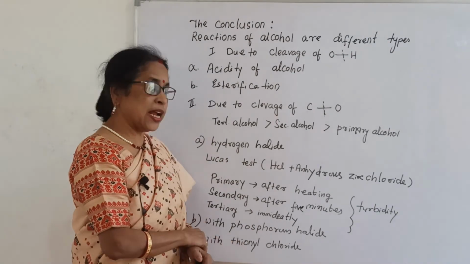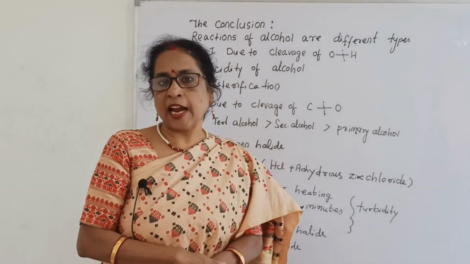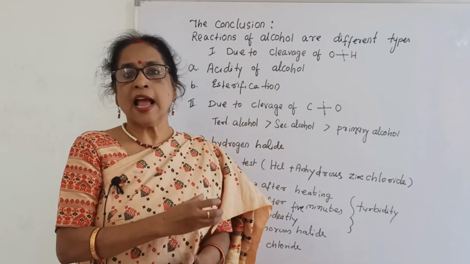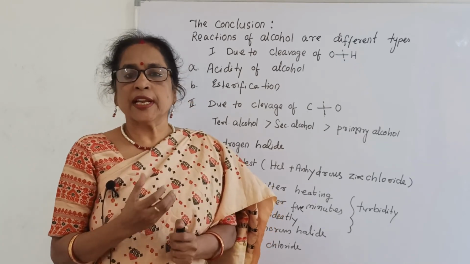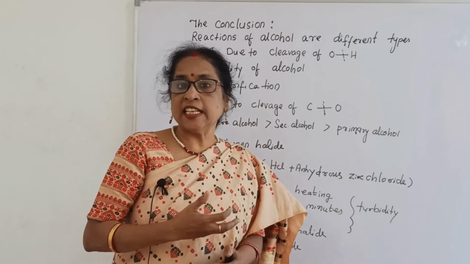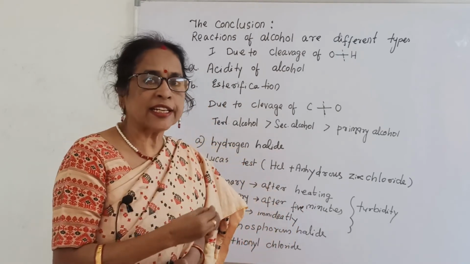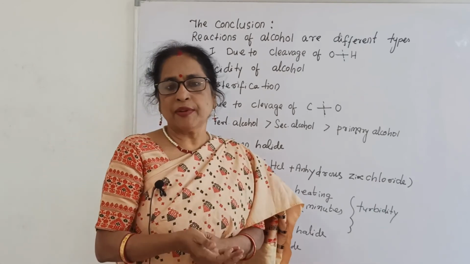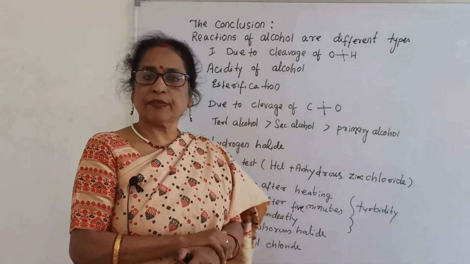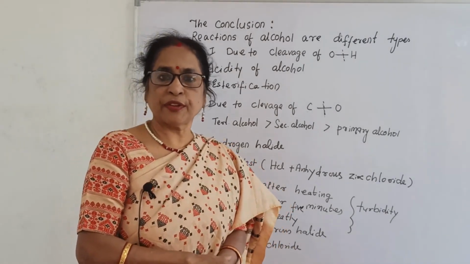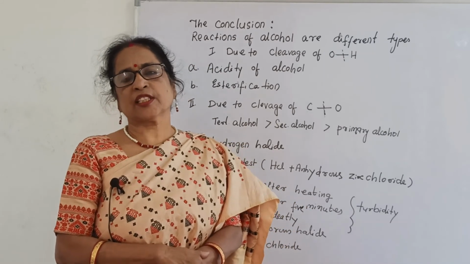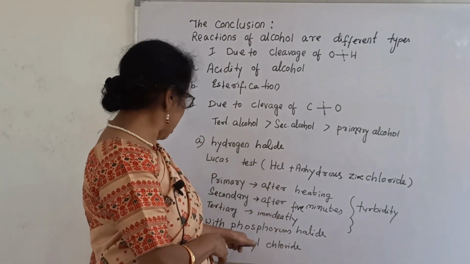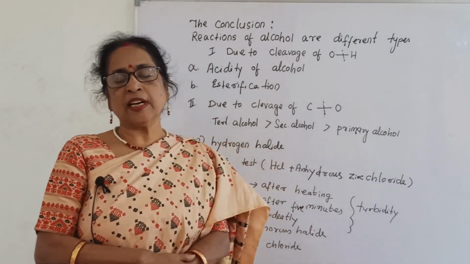With thionyl chloride, it gives the corresponding halide, but the important point is that SO2, sulfur dioxide, and HCl are both given as byproducts which easily escape. That means you can get pure alkyl halide. In the coming video, I will explain the reaction of thionyl chloride with alcohol in a proper way, and the other reactions also. And here I have completed only phosphorus halide.